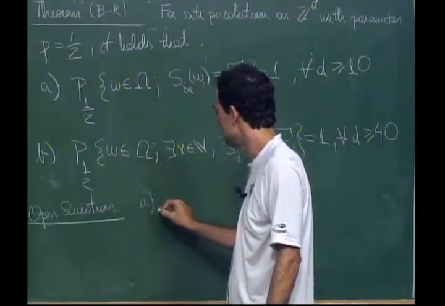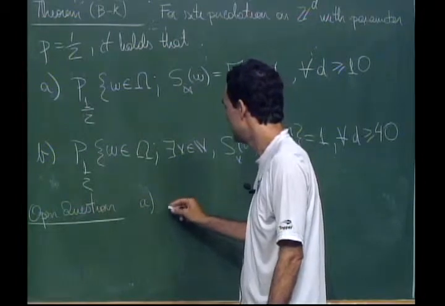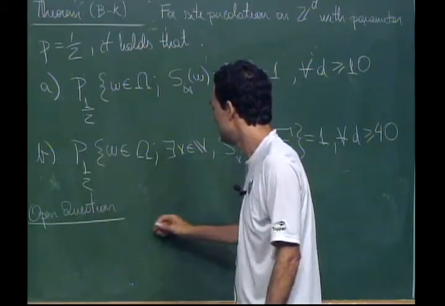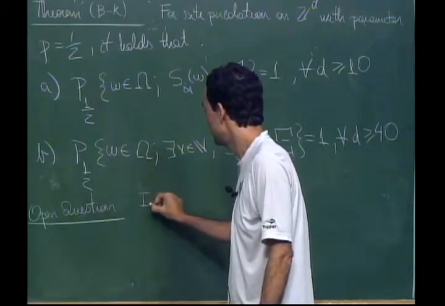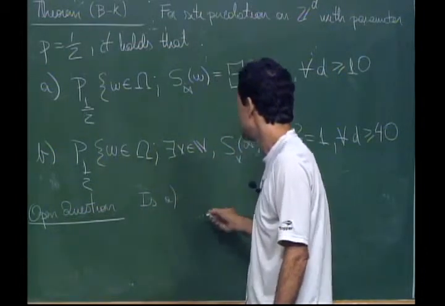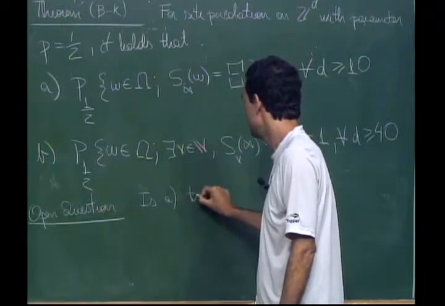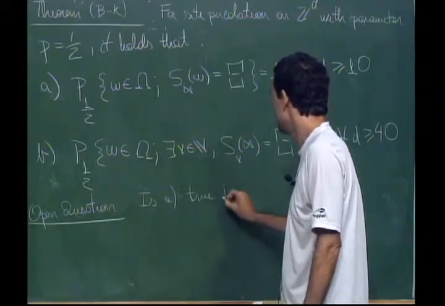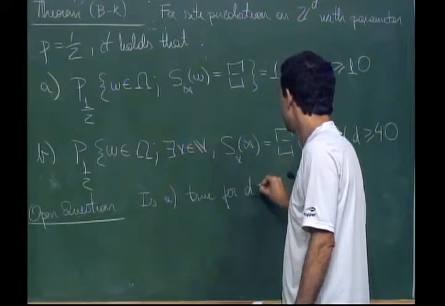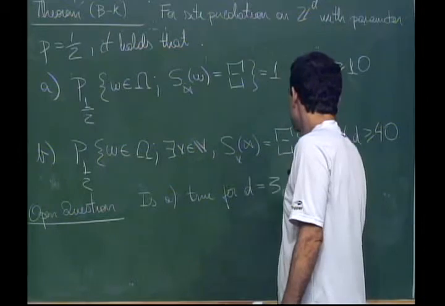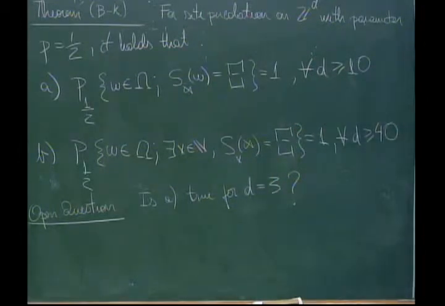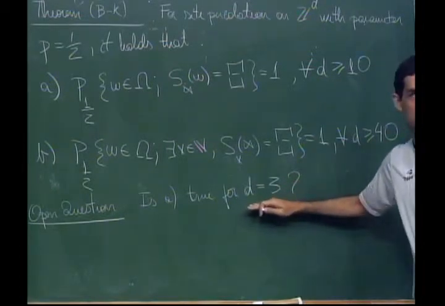Part A is true for d equals 3, not for d large enough, but for d equals 3. In some minutes, it should be clear that this is false for d equals 2.